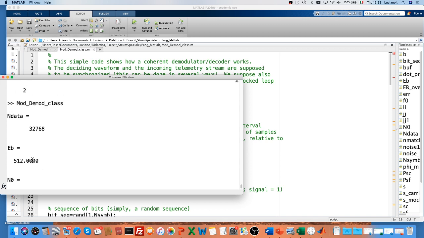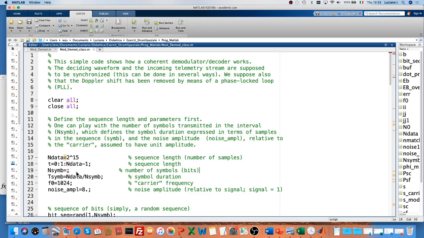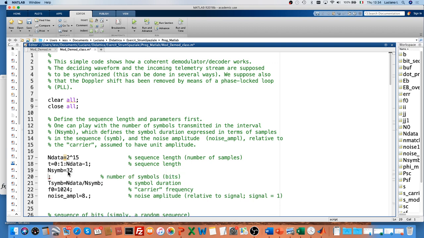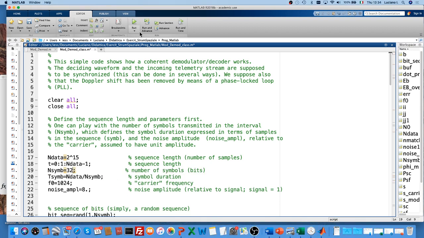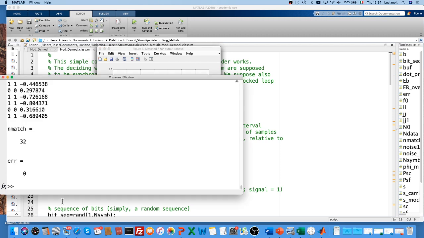If I use 32 already, let us do 32 and we'll probably find the same things. No, I had to go to 16, you see? See, still there is a good separation, so not many errors.